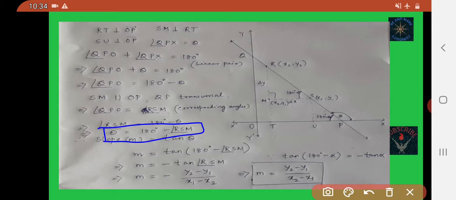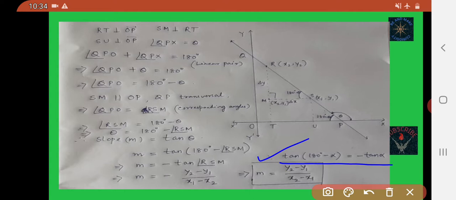So you write in the place of theta 180 degree minus RSM angle. As you know this formula, tan 180 degree minus alpha is equal to minus tan alpha. So here you can write m is equal to minus tan RSM.